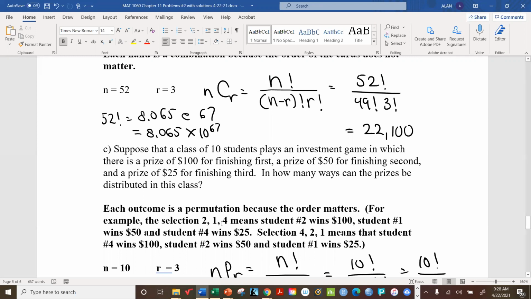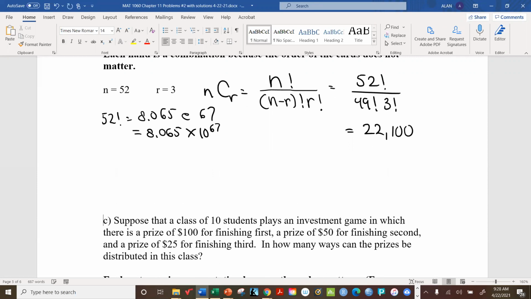Here's what you can do. If you're careful, now I know the numbers are huge, but you put 52 factorial divided by, so you have 52 factorial divided by open parentheses, 49 factorial times 3 factorial, close, equals.